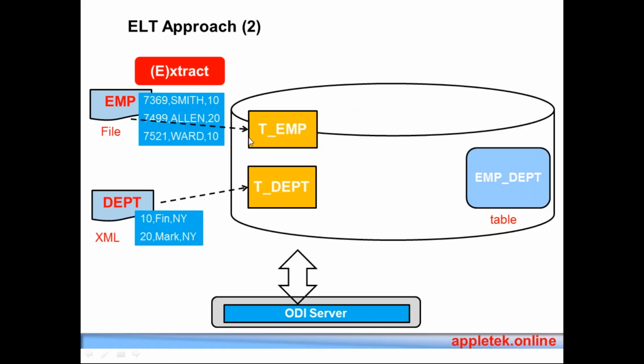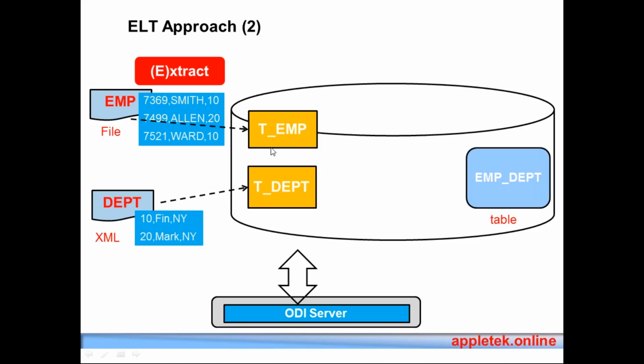You can choose a different schema or a different database also, but ideally the best scenario is to create temporary dummy tables with the exact structure of your source in your target database or in some database. But who is going to create these tables? The developer need not worry about creating them; that responsibility is taken care of by ODI itself.